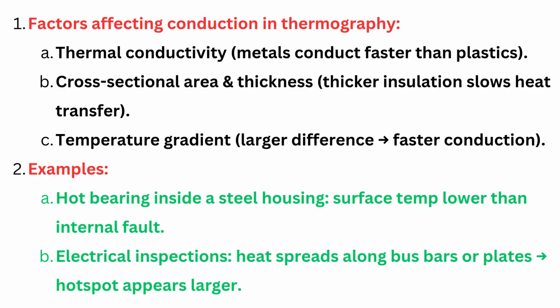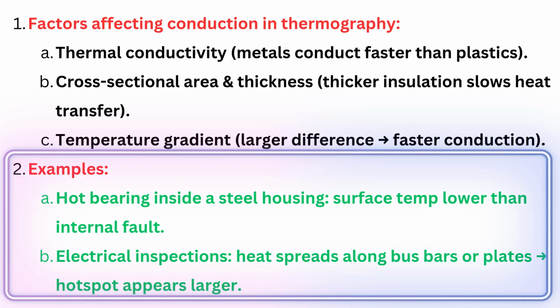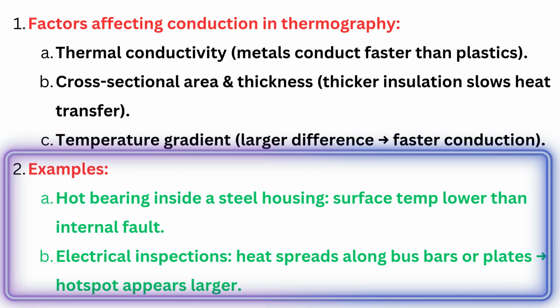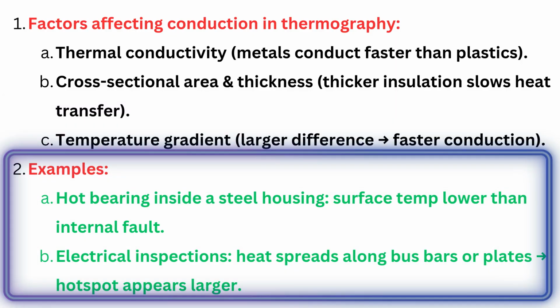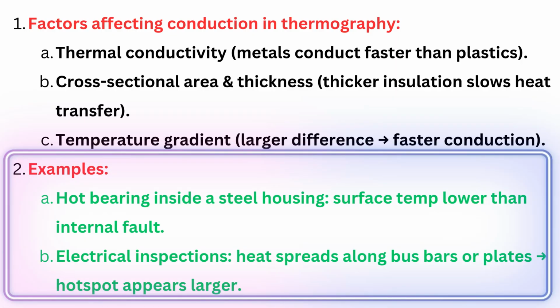Let's take some examples of this conduction process. The basic example I can share with you here is heat transfer in a bearing. For example, you are going for a site visit, and you see that one fan has a high temperature in its drive and bearing. What you will do is inspect this bearing using your IR camera, or thermography camera. Let's say you find that the bearing housing temperature is 70 degrees Celsius, right? It doesn't mean that the actual temperature of the bearing is 70 degrees.